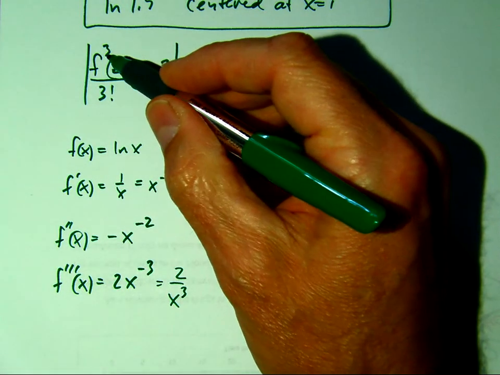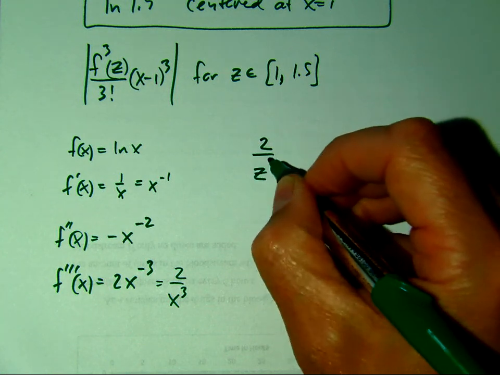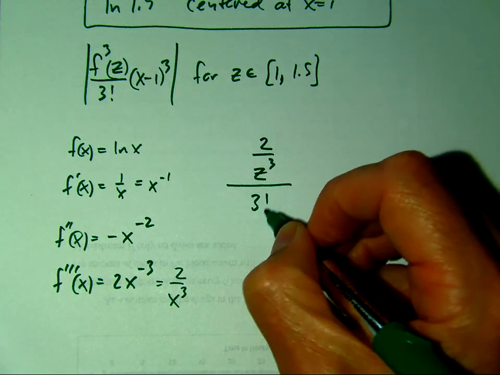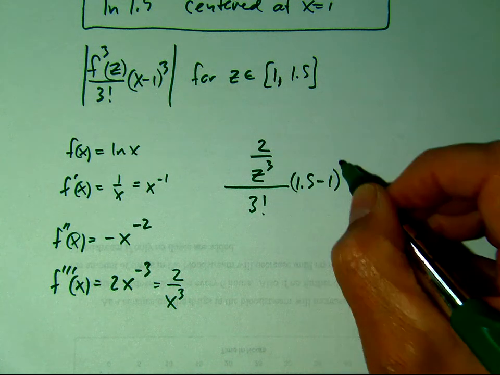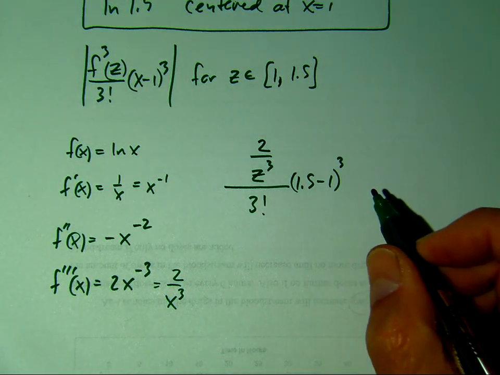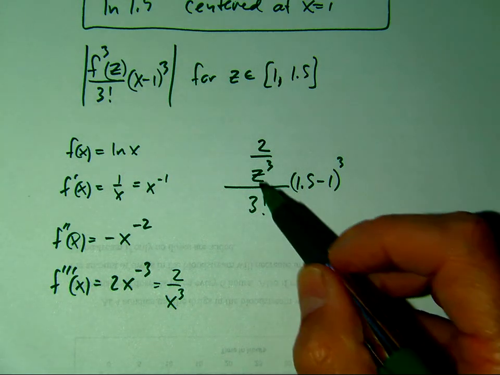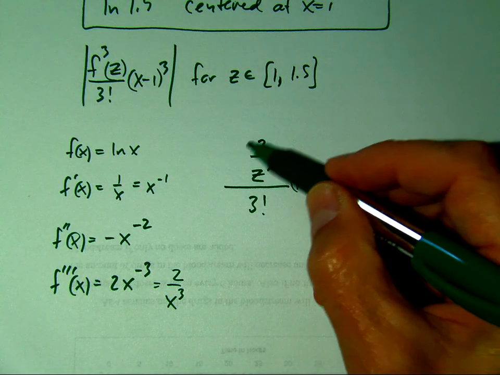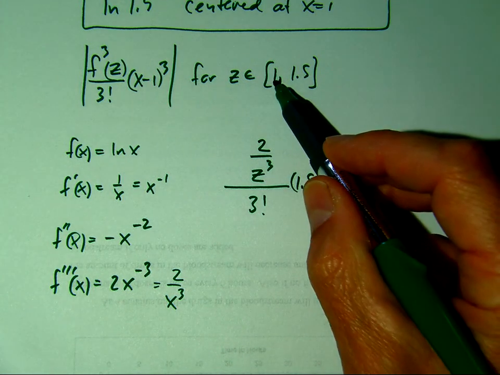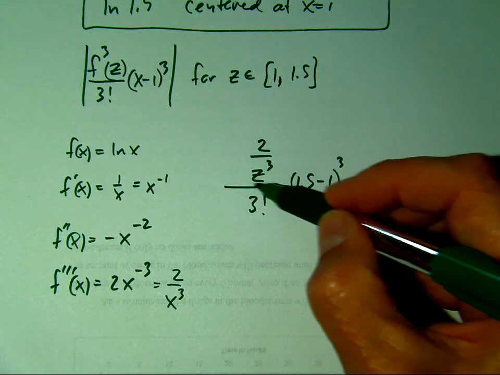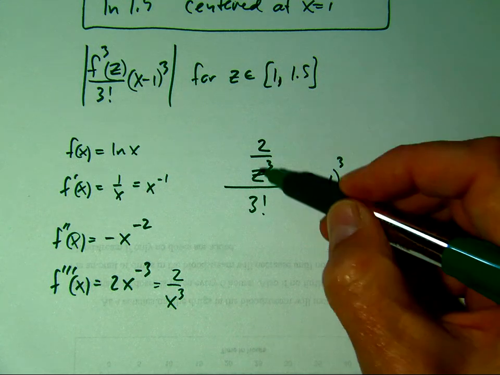So that'll be the third derivative at z over 3 factorial, times (1.5 minus 1) cubed. We know that this is the exact error, but now we need a bound for this. So what number would make this numerator the largest? Is the 1 going to make this a maximum, or the 1.5? We know that the smaller denominator will maximize the fraction.